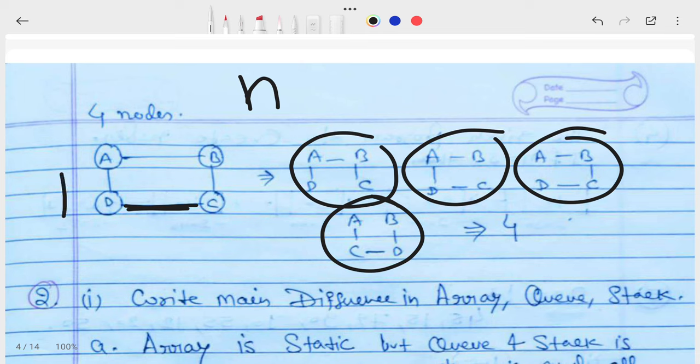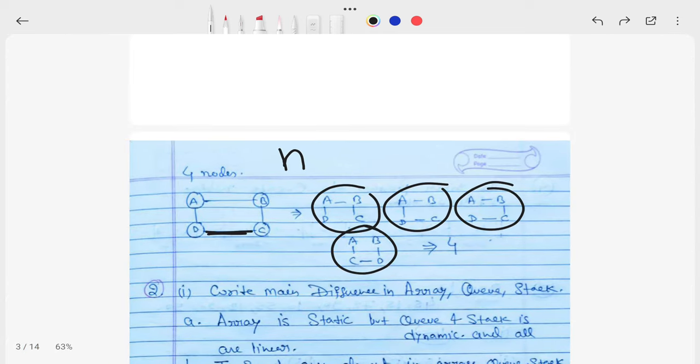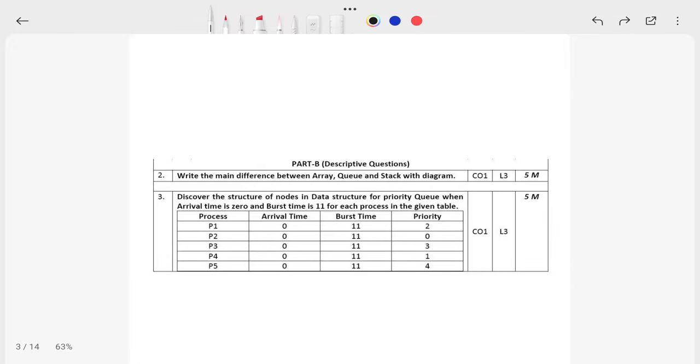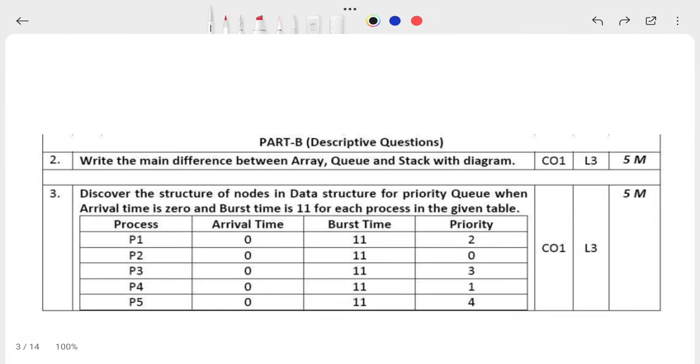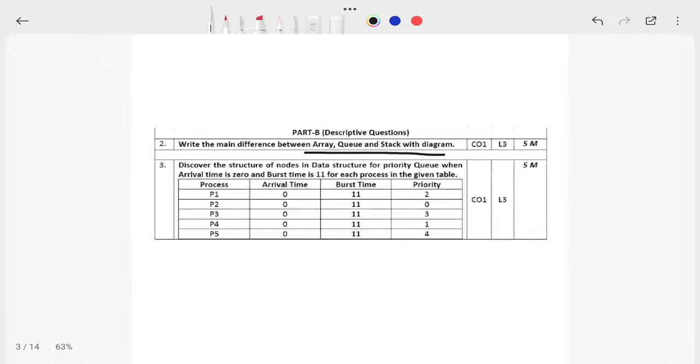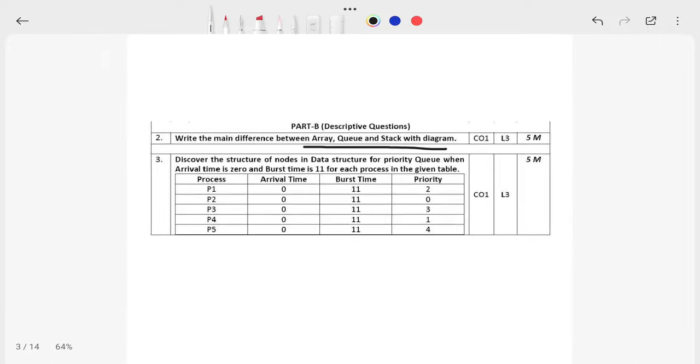Now in question number two, what they are asking is: write the main difference between array, queue and stack. Now see here, I will write it better.